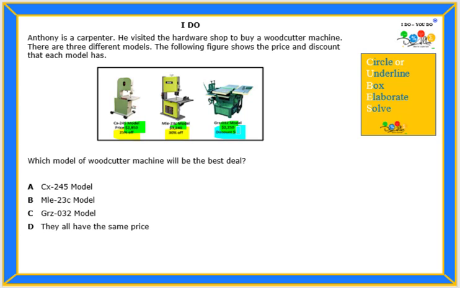So which model of woodcutter machine will be the best deal? So in this question, they're asking us for the best deal. The best deal is the lowest price. So they're asking us which one is the lowest.